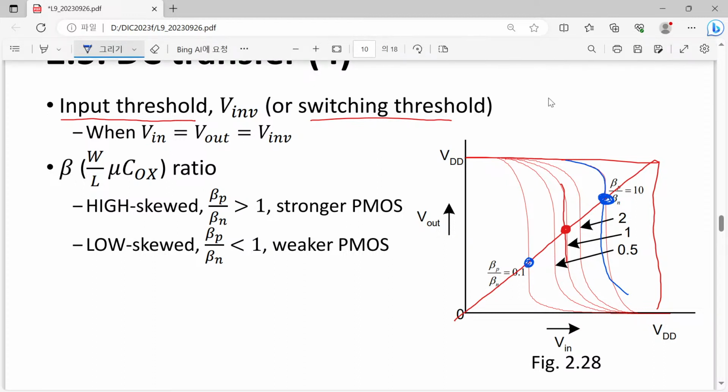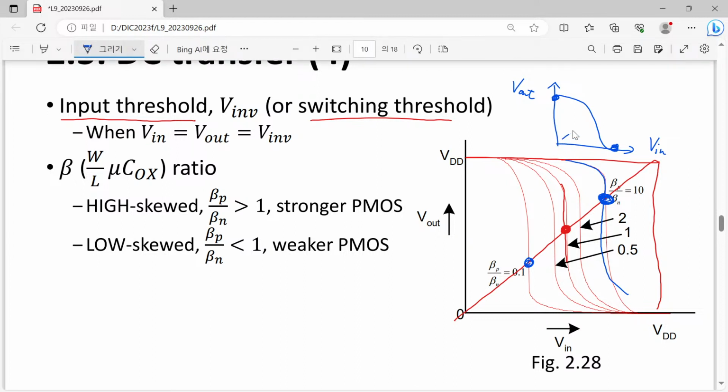Simply speaking, as a designer, you can design your inverter. As a result of your design, at least these 2 points are fixed and there will be certain graphs. It really depends on your choice.